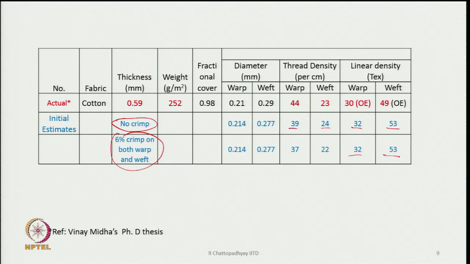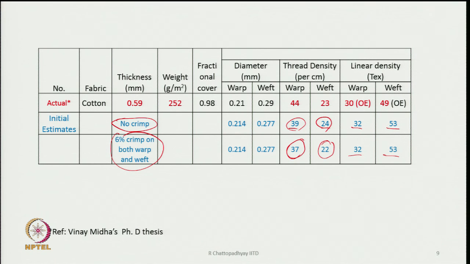These two are not going to change, the thread density is changing from 24 to 22, and it was 39, it has become 37. So, actual values are 44, we get 37, 23, we get 22. So, we arrive at values which are reasonably close to actuals.